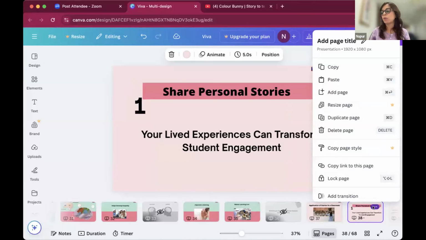Number one, very important, which is often overlooked, is sharing personal stories. Okay, so here is an activity for you. I'll stop the screen share for 2 minutes. And what I want you to do is, whether you are in school or at home, you have to grab hold of someone for this activity.